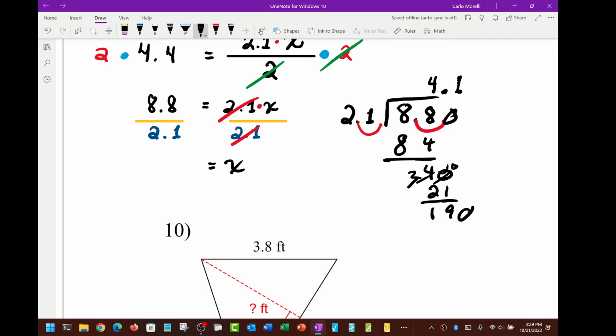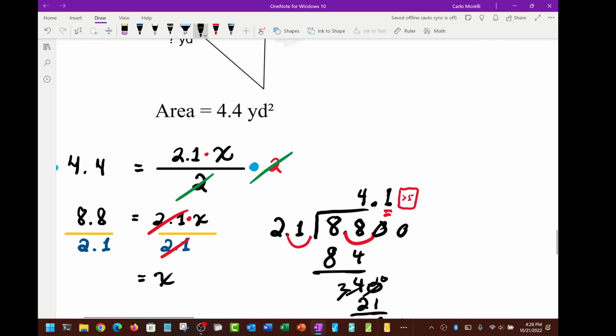Okay. Now comes the obvious, because we're going to drop that 0 down there and say, okay, does 21 go into 190 more than 5 times? Yes, because again, 21 times 5 would be 105. So I'm already there. So I know for sure that this number, whatever this number is, I could care less. I know that it's going to be greater than 5. Okay? So as a result, I'm going to round the 1 up to a 2.